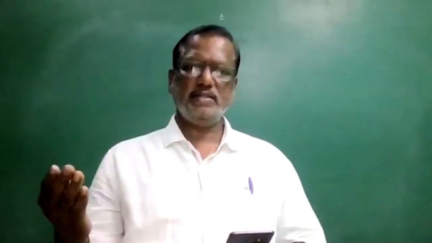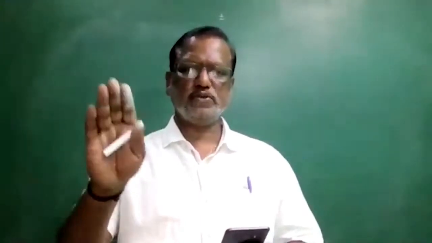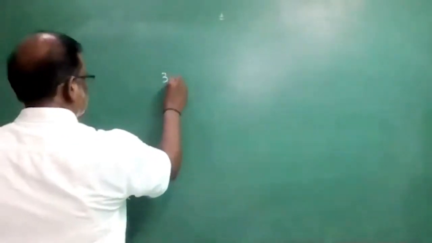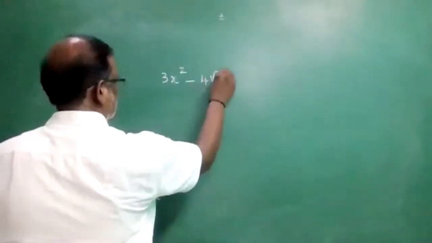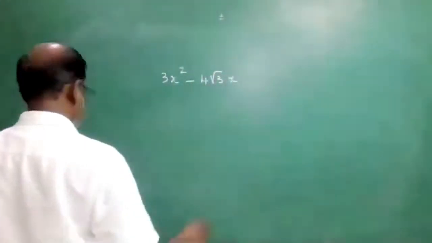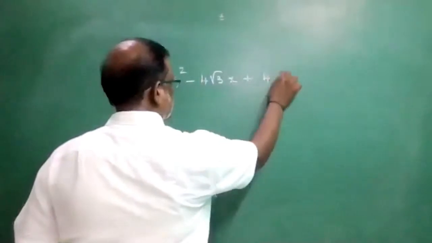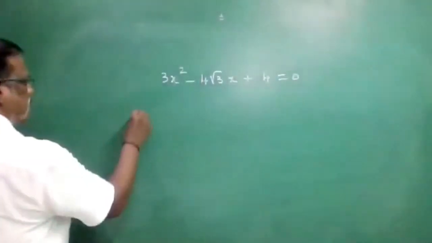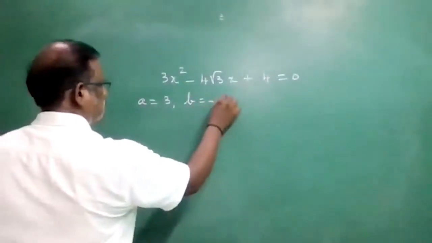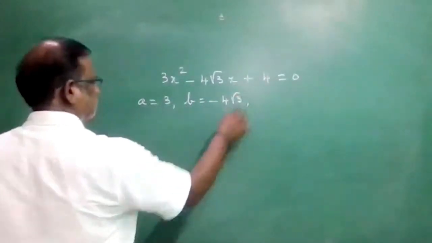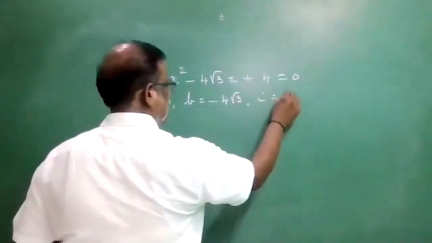Then we will decide whether to proceed or to stop there. A is equal to 3, B is equal to minus 4 root 3, and C is equal to 4.